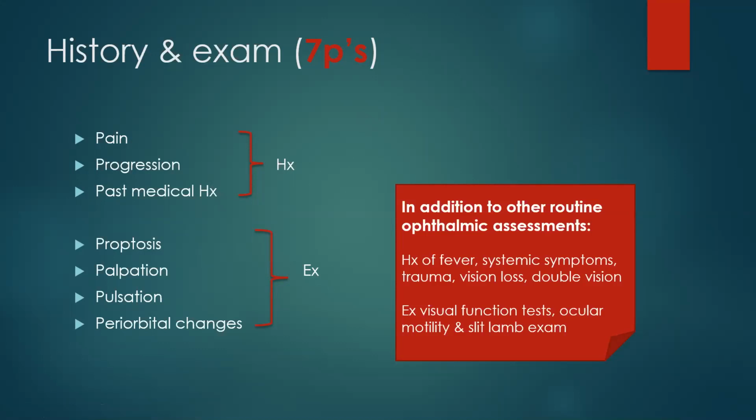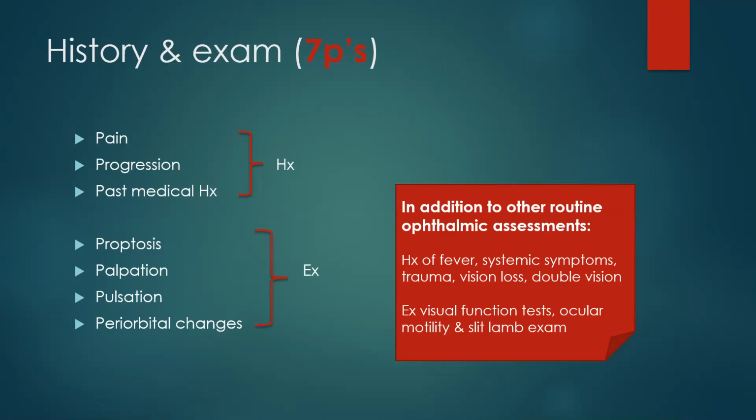So we can classify it into 3 P's in the history, which are pain, progression, and past medical history. And in the examination, we have proptosis, palpation, pulsation, and periorbital changes.